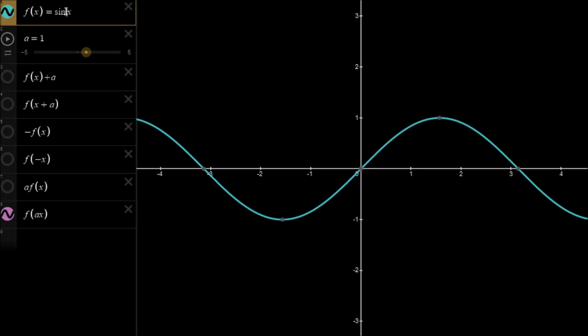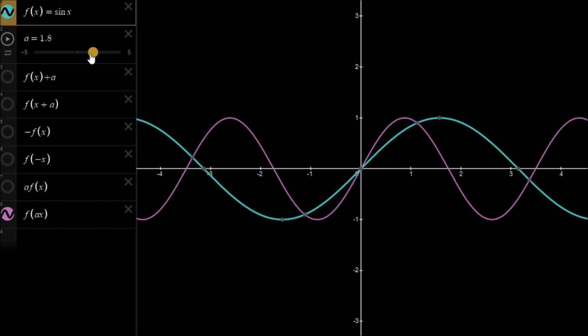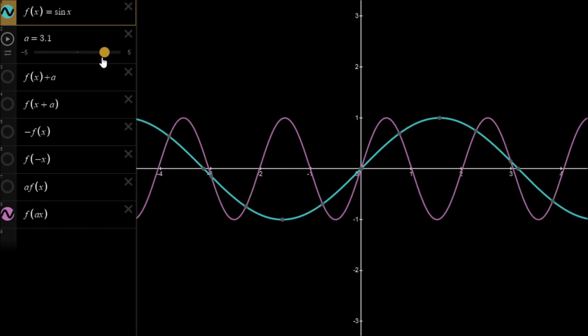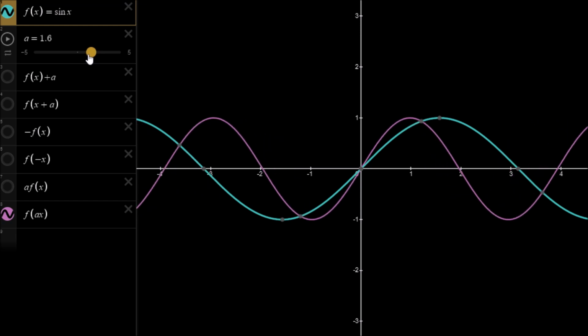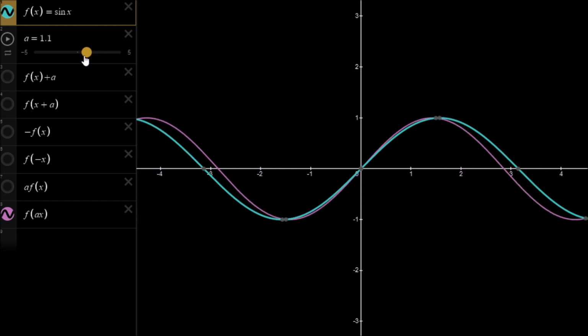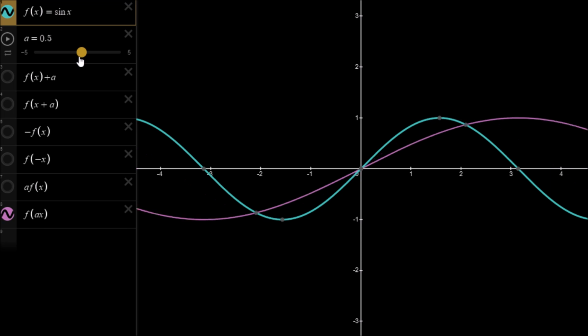So for example, that would be equivalent to putting a 1 here. Okay, so it's 1 times x. But if we were to change the value of a, you can see here that we're now squeezing the function together, or we can stretch the function out, and you can see the function being stretched out here.